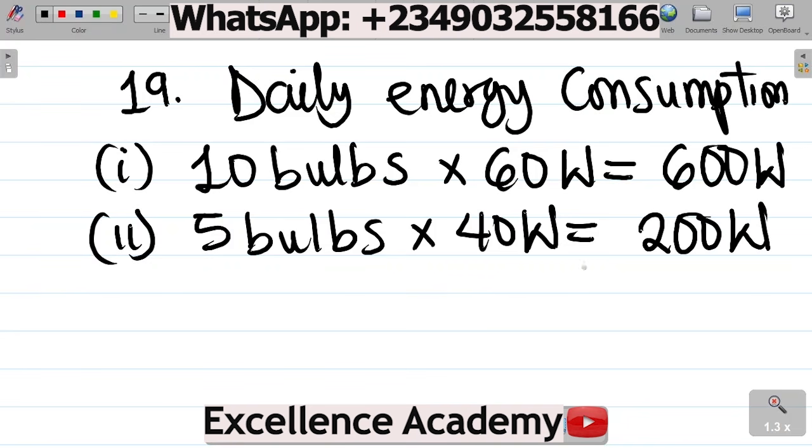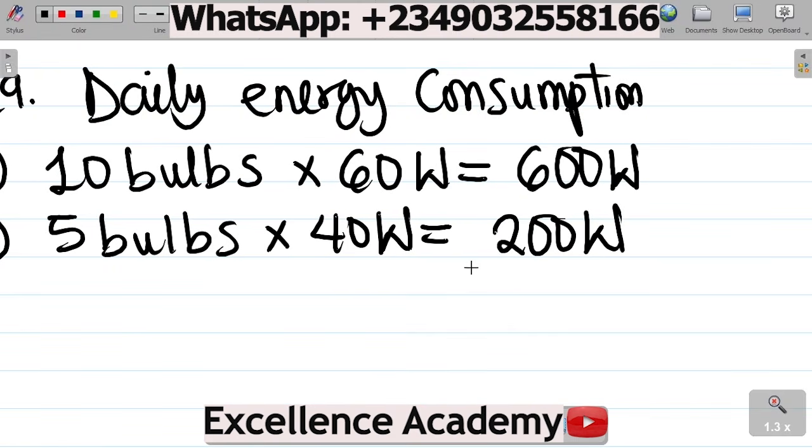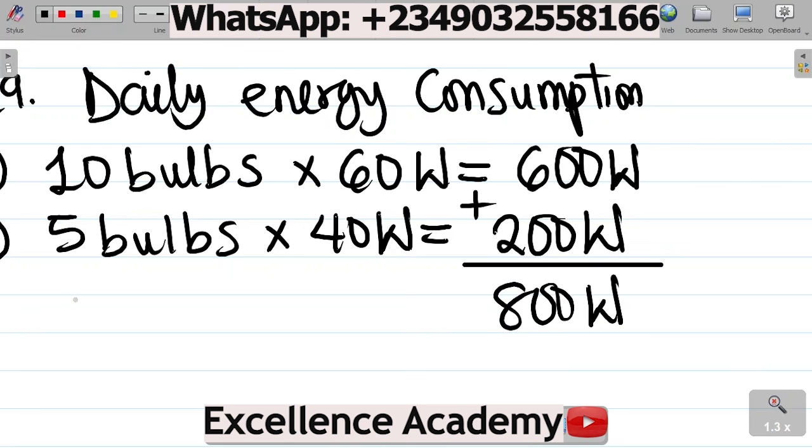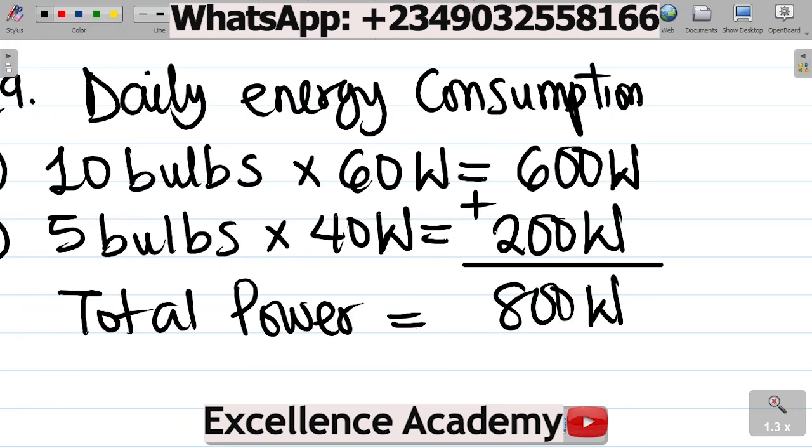That means in total, 5 40-watt bulbs would consume 200 watts. To find the total power consumed, we add 600 plus 200, and that becomes 800 watts.